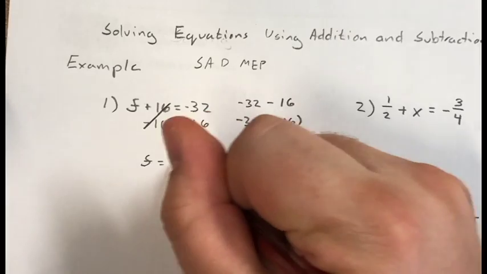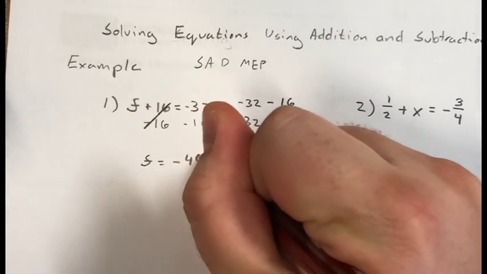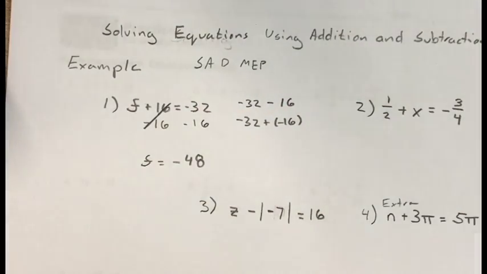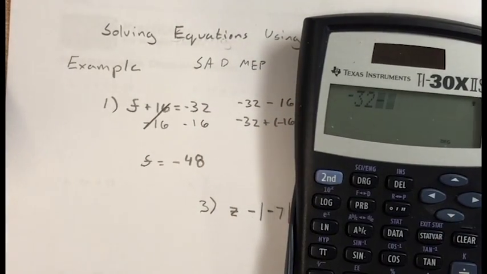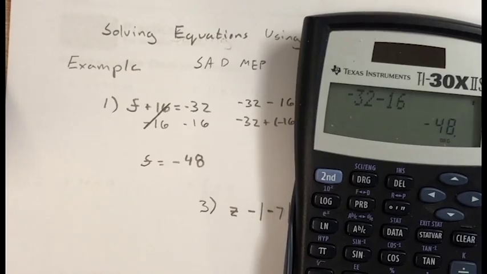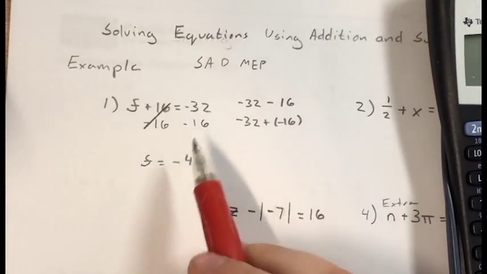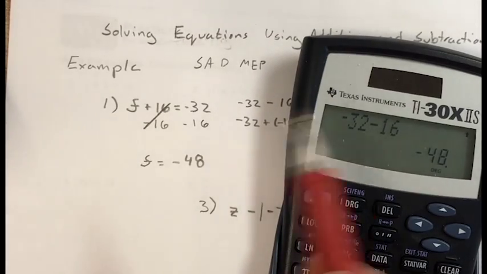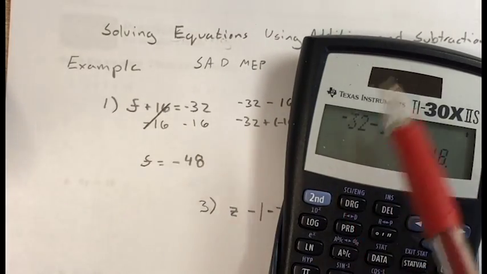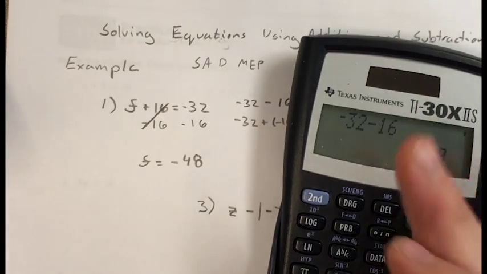And this gives me -48. All right. And here's the thing. Could I have done this on a calculator? Absolutely. But I also want you to be able to do this by hand, because if you know this procedure, then a calculator can help you. If you don't know how to do SADMAP, the calculator is not going to be very useful to you.